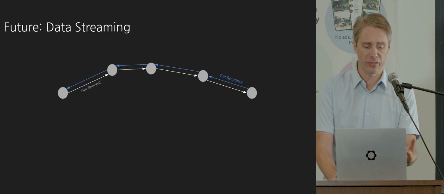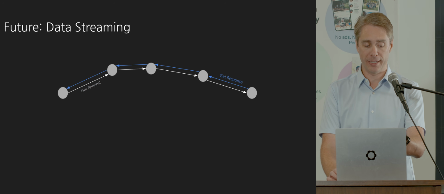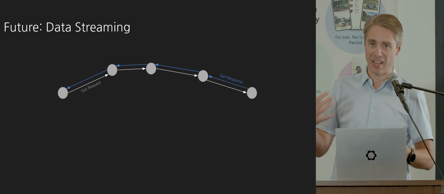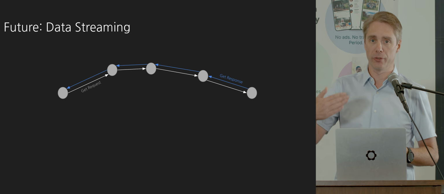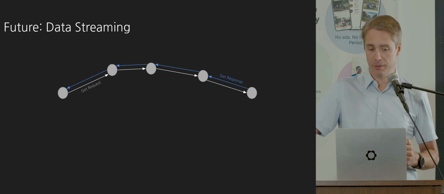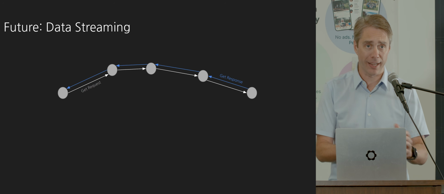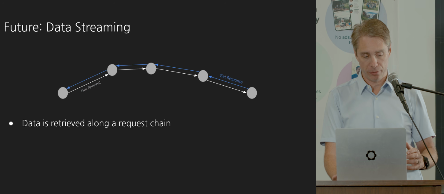And the reason it's sent back along a chain rather than being sent directly is because we don't want the requesting peer to have to establish a connection through the firewall to the peer at the end. So it uses this request chain to send the data back through this chain of peers.